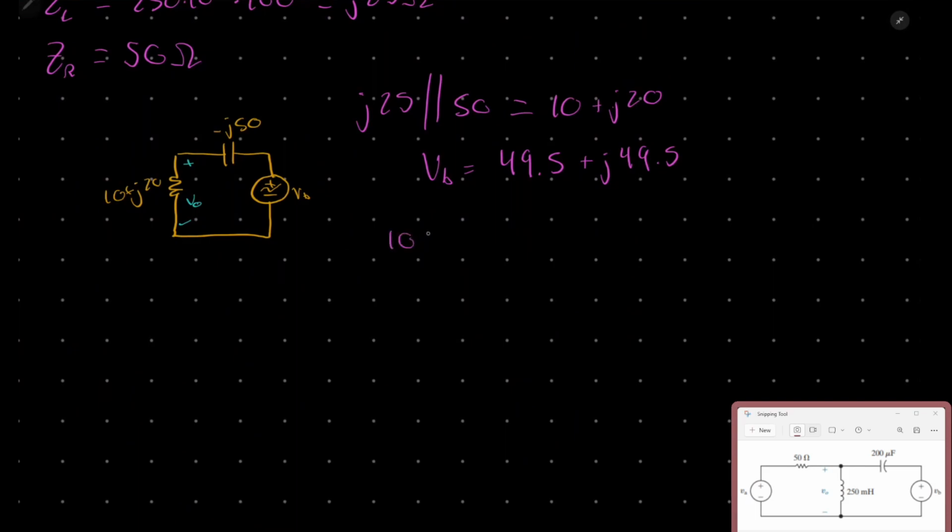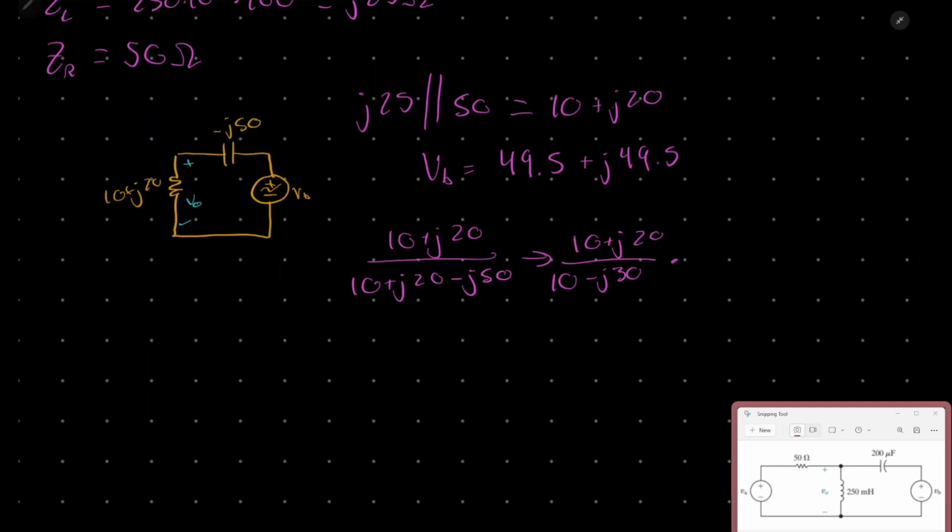Okay, so now we'll do our voltage divider, which is going to be 10 plus j20 over 10 plus j20 minus j50. Now we can simplify this to just 10 plus j20 over 10 minus j30.